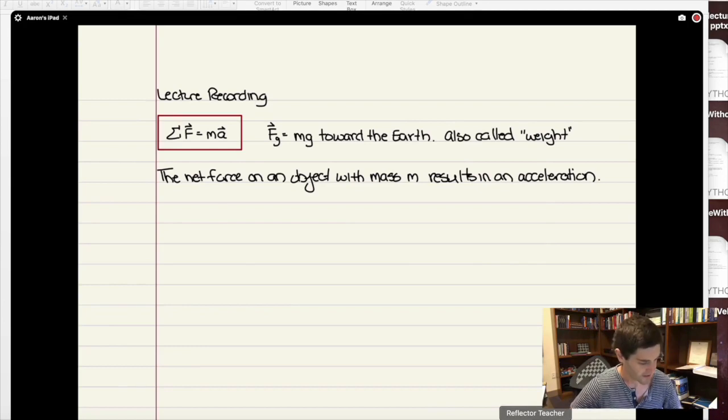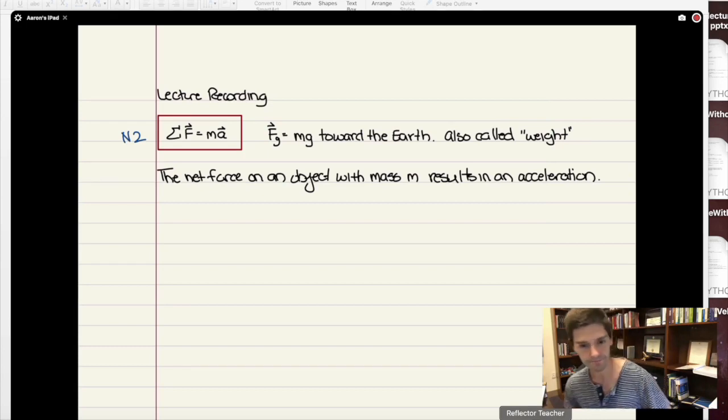What I have here boxed is, again, Newton's second law. To review, it says all you have to do is add up all the forces, which themselves are vectors, and that equals the mass of the object that has the forces acting upon it times the acceleration of that object. Contact forces could come in all shapes and sizes.